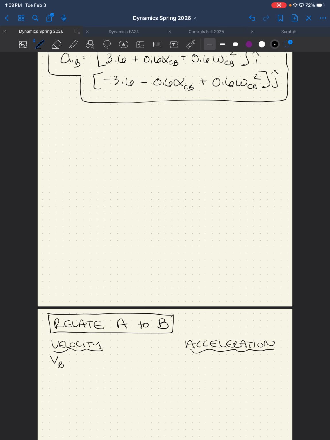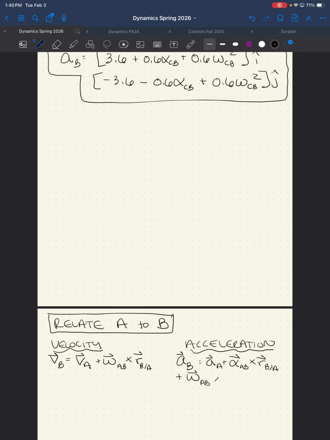Question: when did you get the angular velocity K hat? So for a two-dimensional problem, this entire mechanism lies in the plane. It doesn't make sense for this thing to rotate out this way or into the board. So the only way bodies can rotate in the plane is this way or that way.